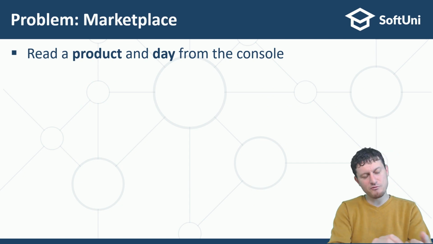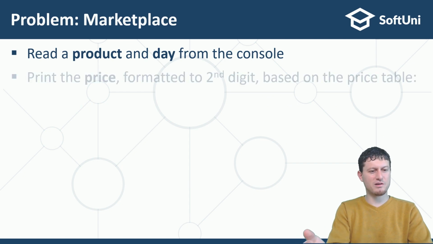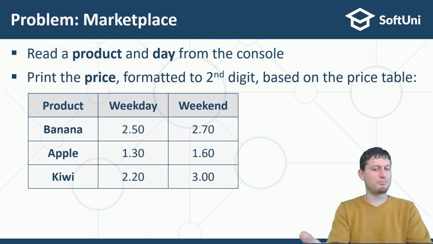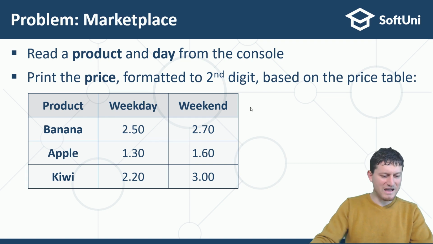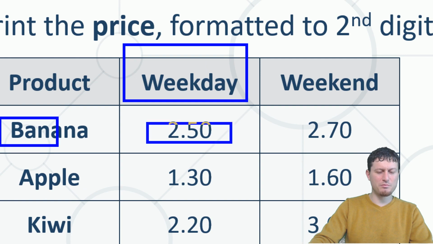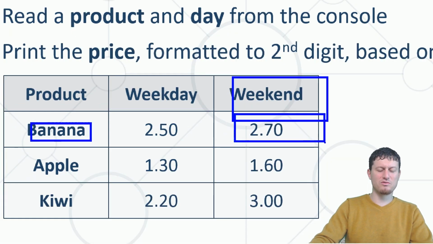So let's solve one real world problem, our marketplace. We want to read the product and day from the console, and we want to print the price formatted to the second digit after the decimal point based on this price table. So banana in the weekday costs 2.50. Banana in the weekend costs 2.70.